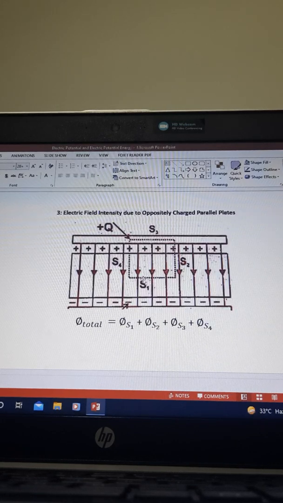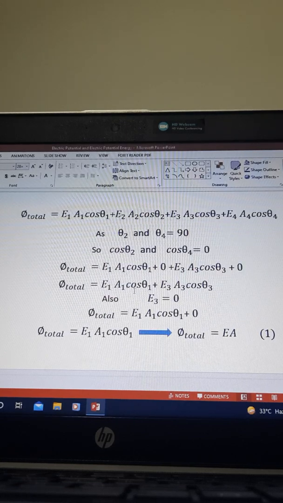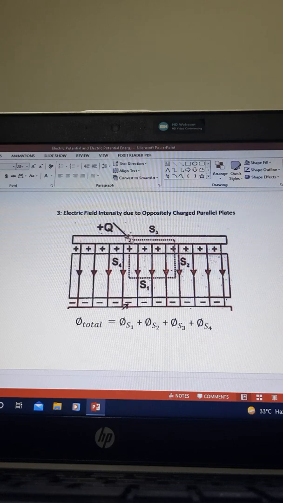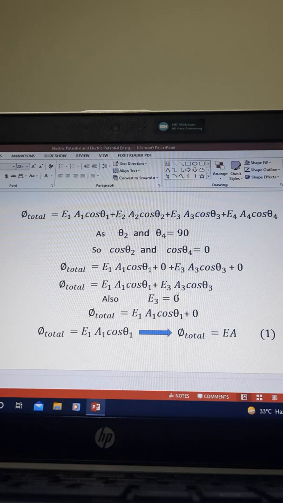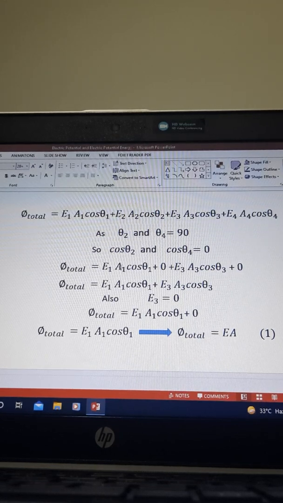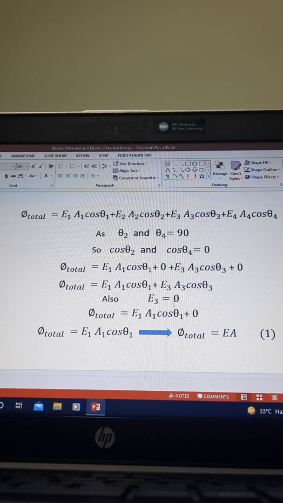Now again look at the Gaussian surface. This one, the dotted one, you can see S3 is out of the influence of the field. So if the S3 surface is out of the influence of the electric field, it means E3 is 0. The second and the fourth terms were 0 due to the angle, and the third term is 0 due to the 0 value of electric field.